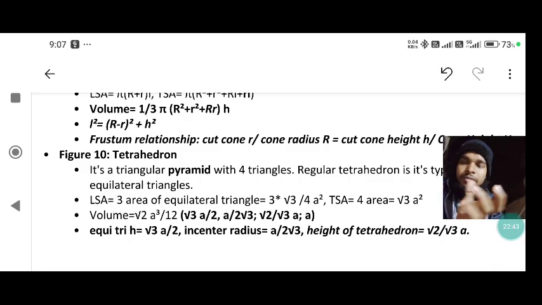So whenever we multiply one third into the height of the tetrahedron into the area of the base, we get the volume of the tetrahedron.